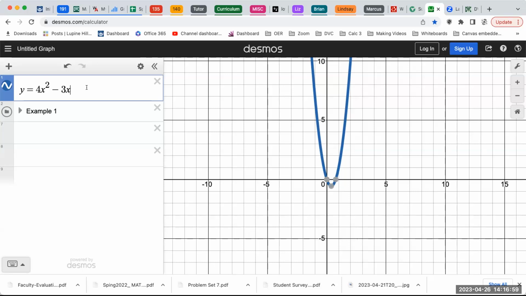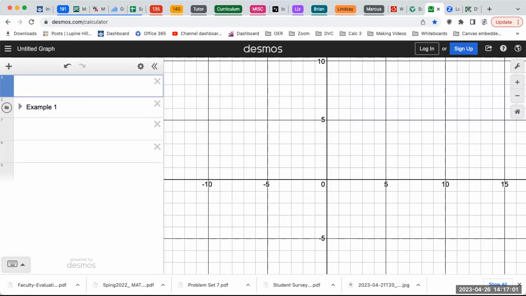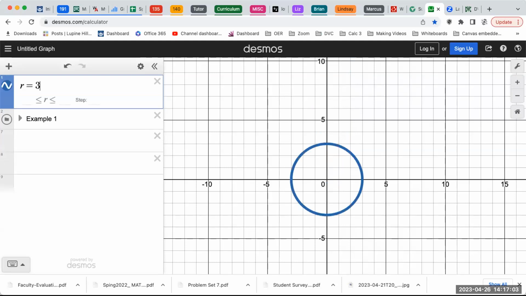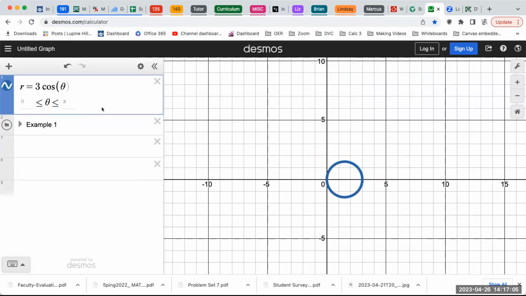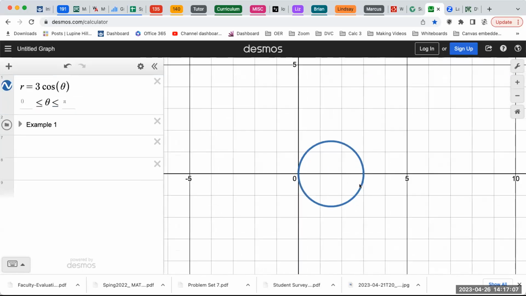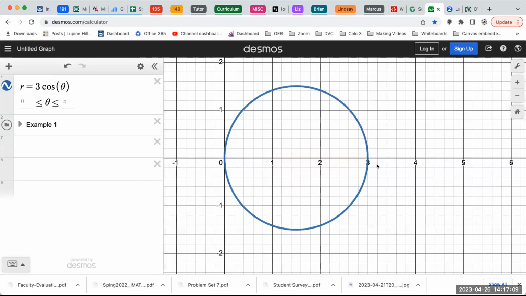And so we're going to ask ourselves, let's say I did r equals 3 cosine of theta. And I get this beautiful circle. But what does that mean? That means that you think of the points on the circle as polar coordinate points.